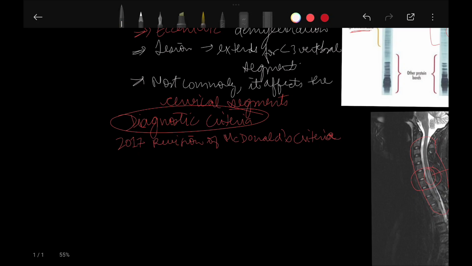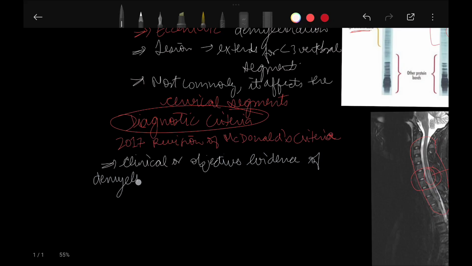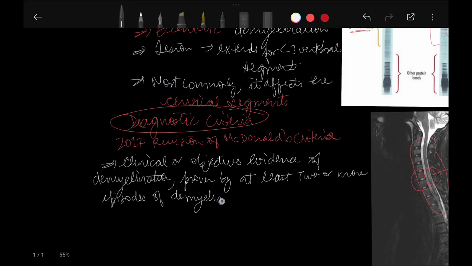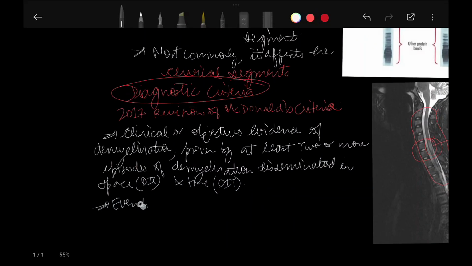In this, clinical or objective evidence of demyelination is proven by at least 2 or more episodes of demyelination disseminated in space and time. And the events should be separated by more than 1 month.